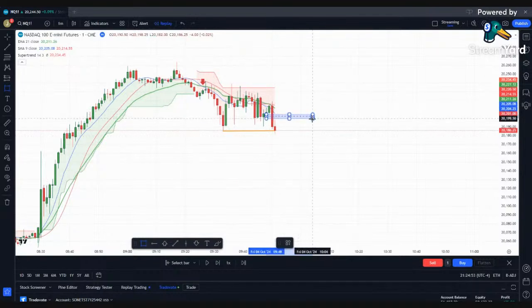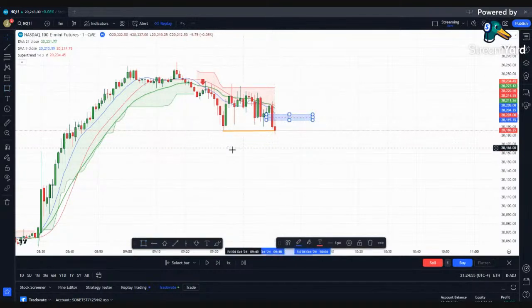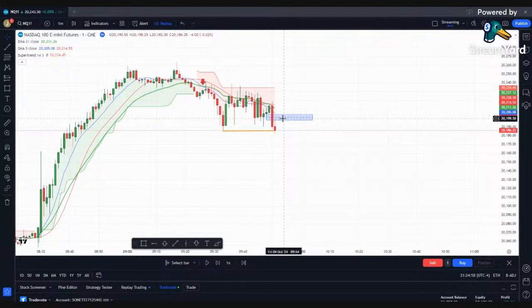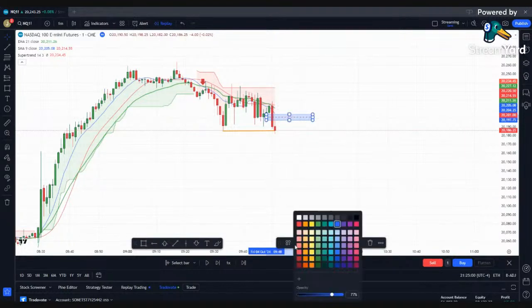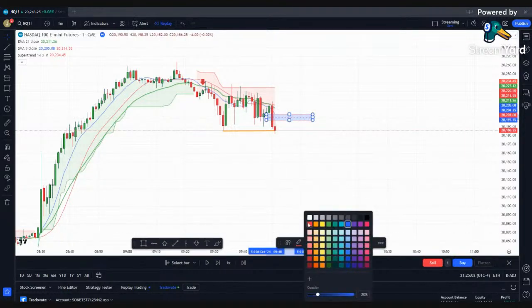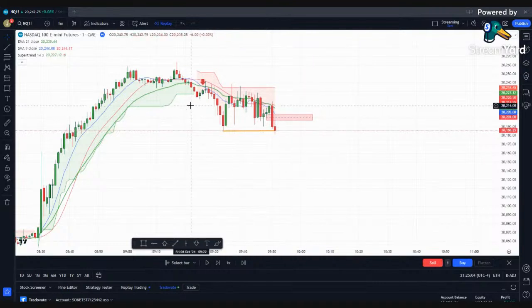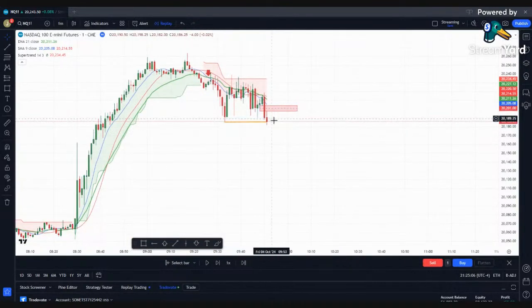I do have a fair value gap there, a bearish fair value gap. And then this movement, anything that will go up, I will not wait for the price to go there.